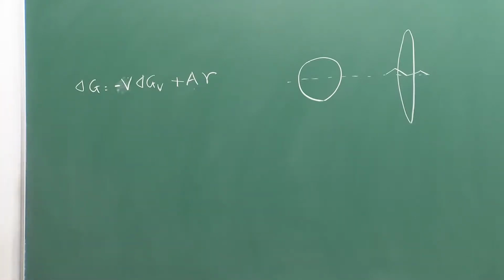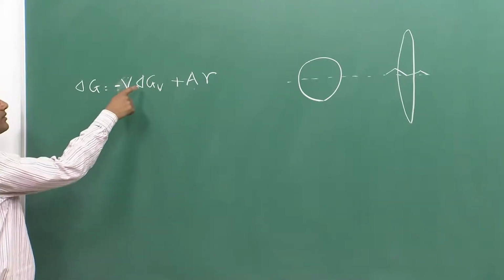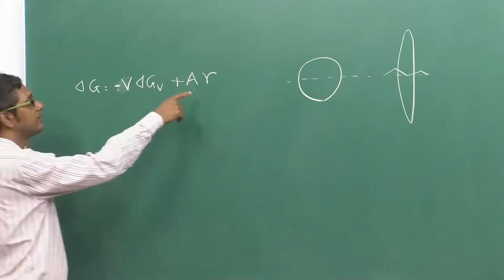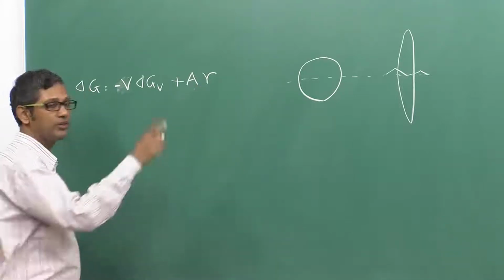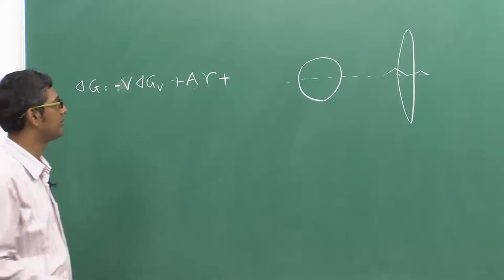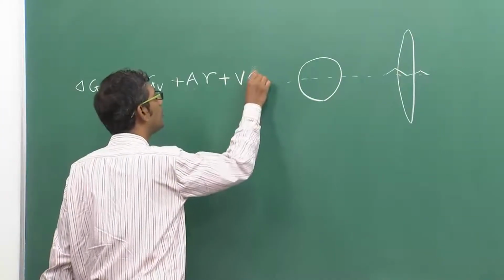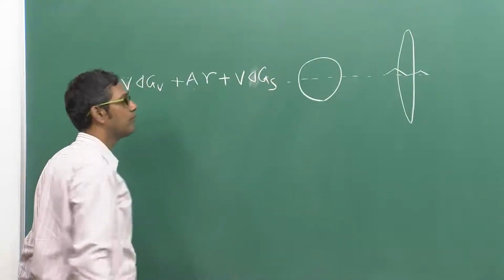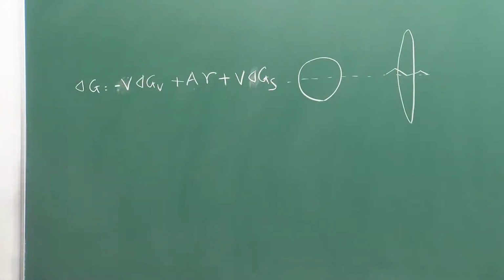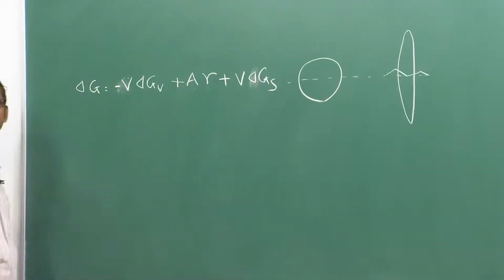We have seen that, right? Because this is the available energy to the system, that's the volumetric term, this is the area term. Now because of the distortion we need to add one more term, and that's the strain energy term. That's also related to volume. So I can write volume multiplied by the strain energy. That strain energy is reflected in terms of delta GVS.